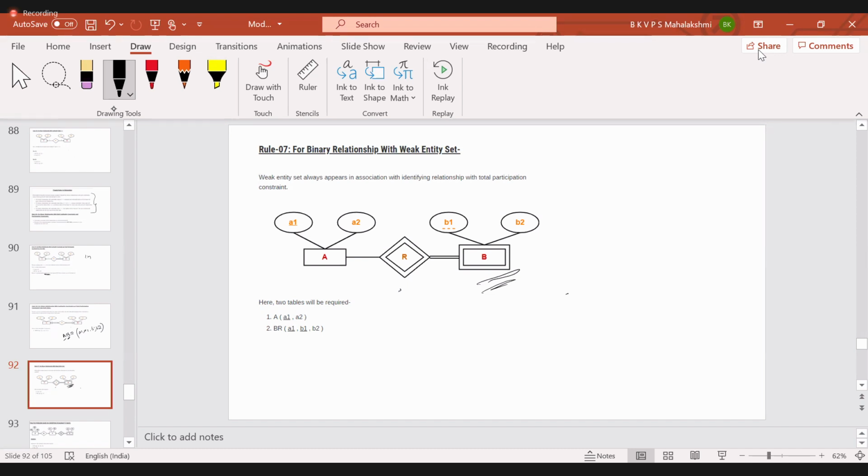Whenever there is a relationship between a strong and a weak entity, or between two weak entities, the symbol of this relationship set is the double line rhombus, the diamond shape symbol. So you have to combine this with the BR, and specify all the attributes of B with the attribute A1 of A. See here, if there is a weak entity.